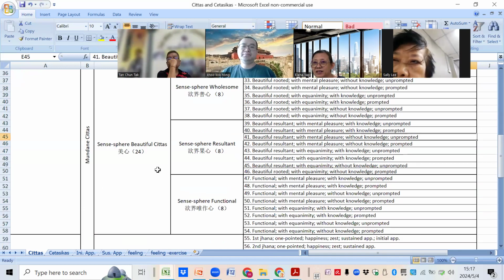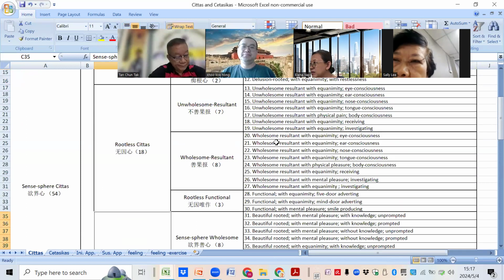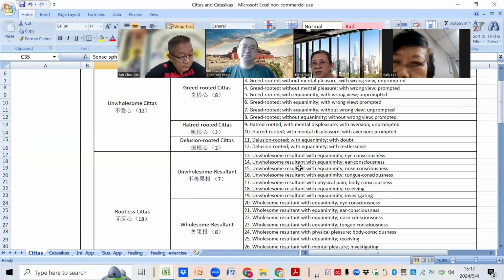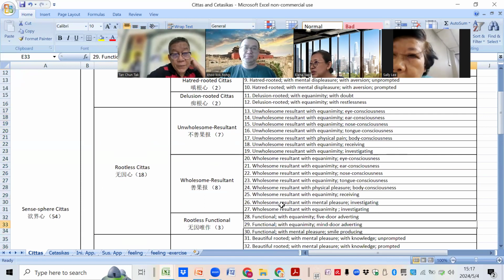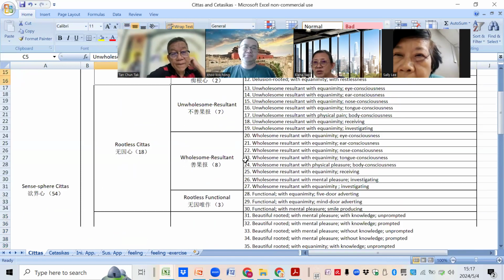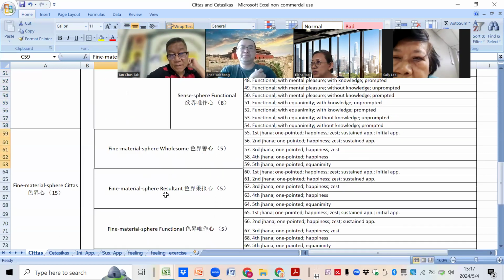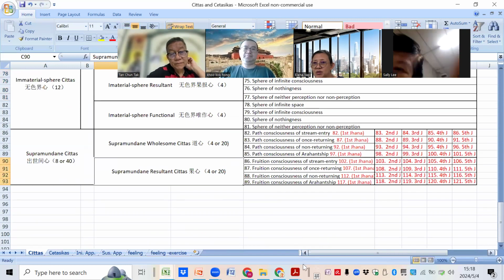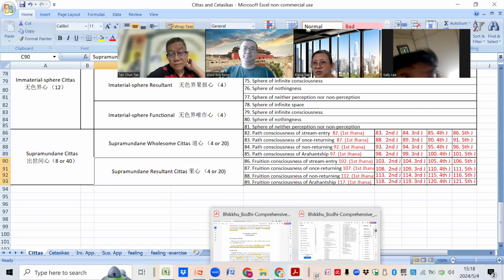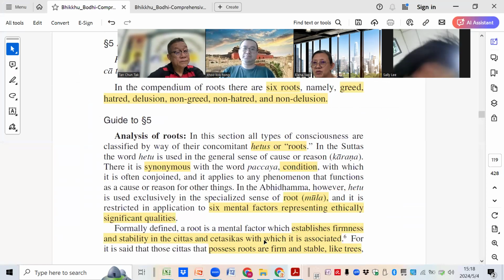If we compare the three groups of consciousness, this group of Citta is the worst, they are not stable. But the sense sphere beautiful, fine material and immaterial sphere, and supramundane are all rooted, meaning they are very strong. This is the definition here.